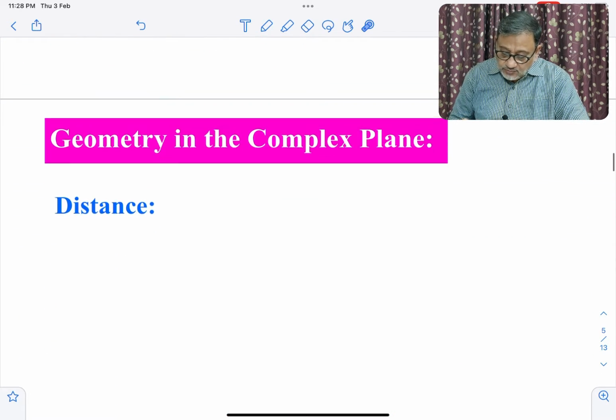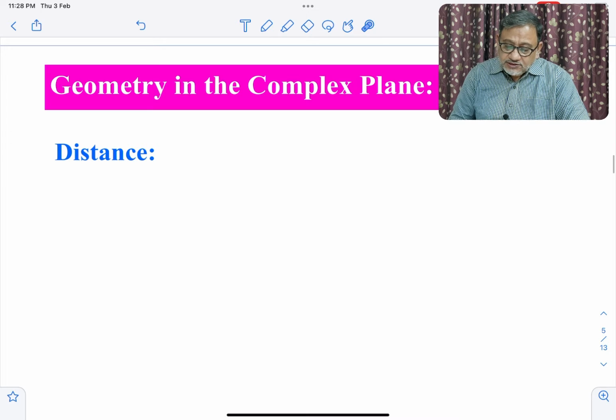Now we'll go to the next part, geometry in the complex plane, because geometry means how to find distance, how to find midpoint, how to find transformation. So we are going to do that. Look here, I will show you.